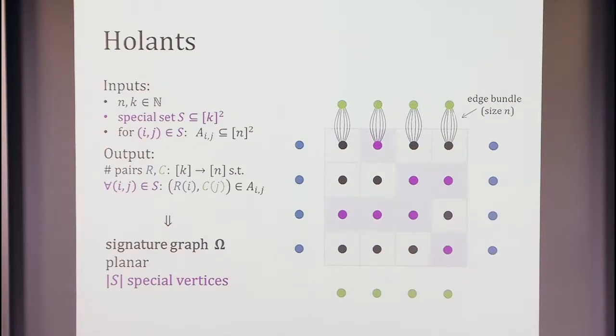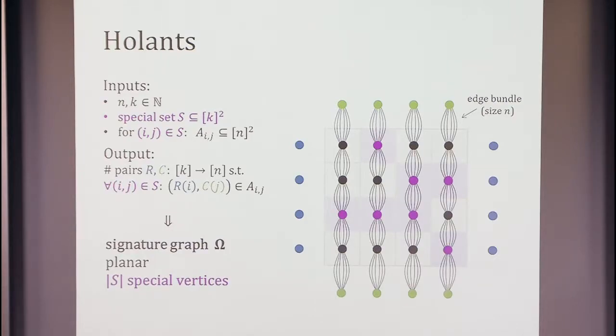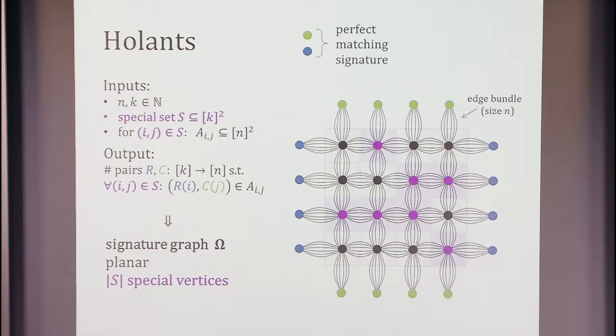Each edge bundle is a set of n parallel edges that runs vertically. We do the same horizontally. And then we assign the perfect matching signatures to the column vertices and the row vertices, and certain cell signatures to the other vertices. So there will be a cell signature which is non-special and a special cell signature. And these signatures together will ensure that the Holant of the signature graph encodes the number of those pairs.